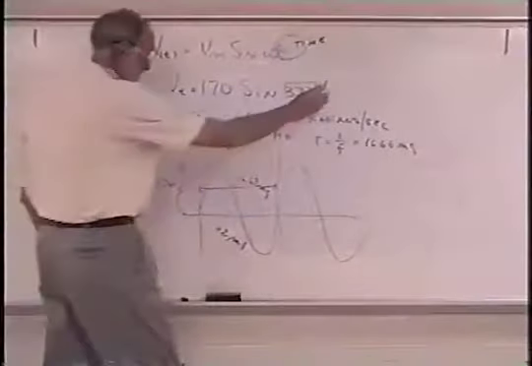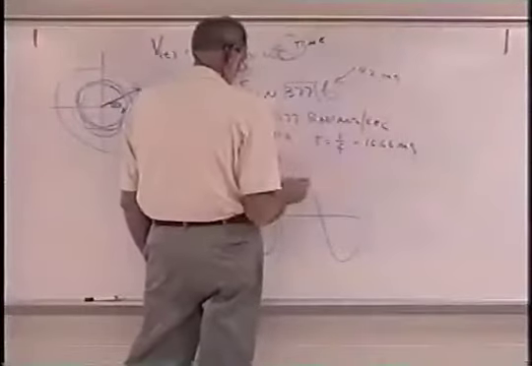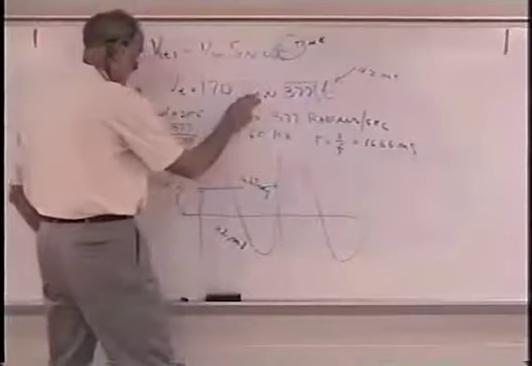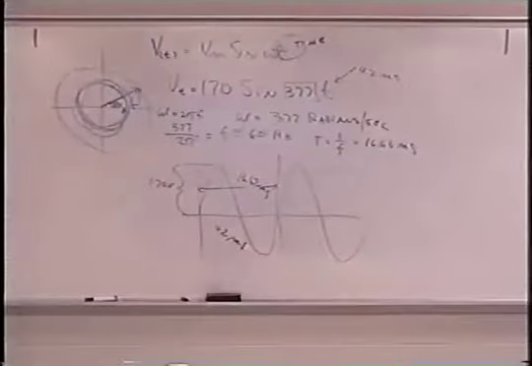So I would plug in 4.2 milliseconds, multiply that times 377, and make sure my calculator is in the radians mode. Got to get my calculator in the right mode here. Okay, now I'm in the radians mode.